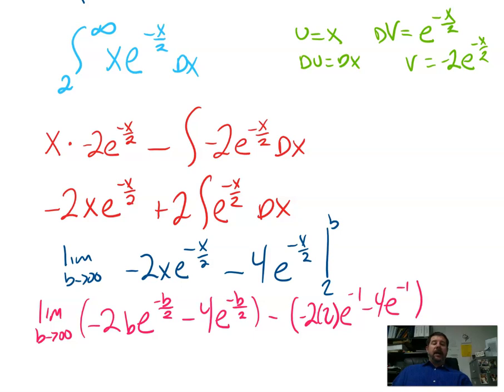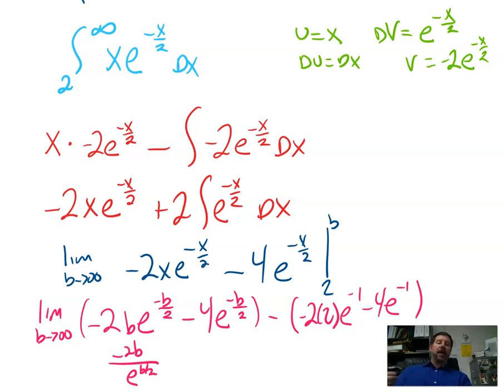Now I'm ready to think about evaluating this. When I go to infinity, e to the negative b over 2 is going to go to 0 because it's a negative exponent. Here I get infinity times 0, which is indeterminate. So really, I should switch that to the bottom, and I would get infinity over infinity.